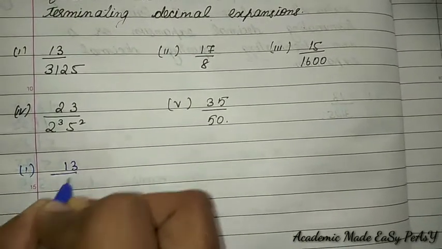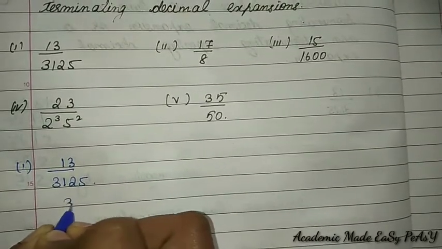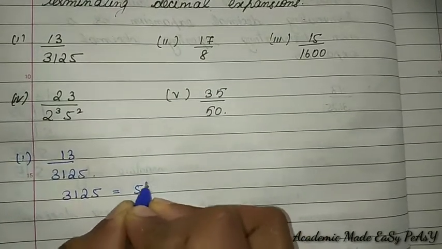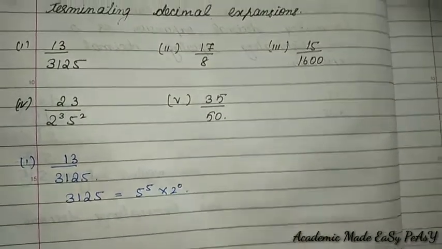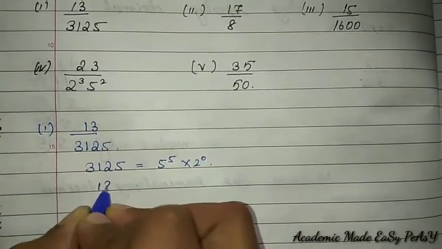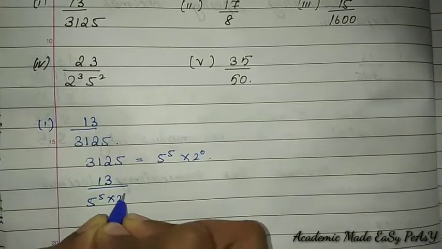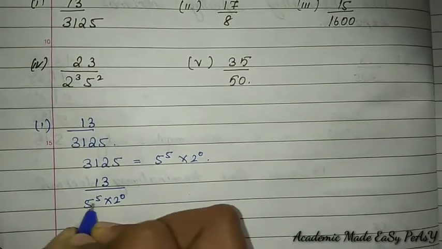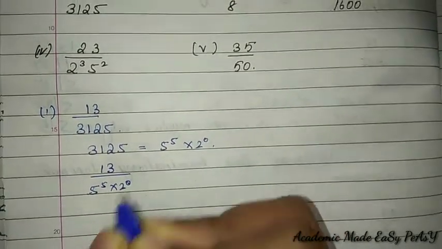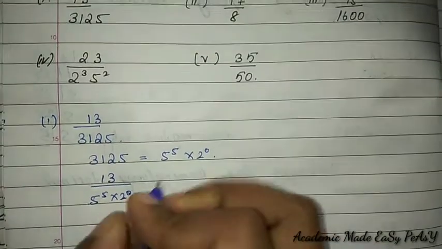That is 13 by 3125. We already saw the prime factorization of 3125 is 5 power 5 into 2 power 0, isn't it? Now I'm writing 13 by 5 power 5 into 2 power 0. Here I want the powers of 5 and 2 to be equal. So I have to multiply and divide in such a way that I get equal powers for 5 and 2.